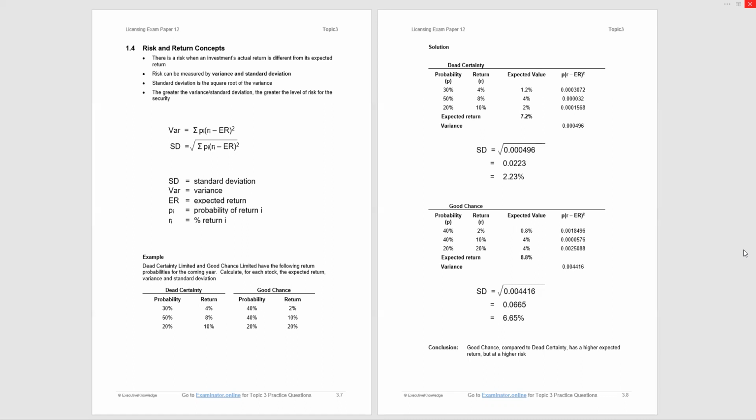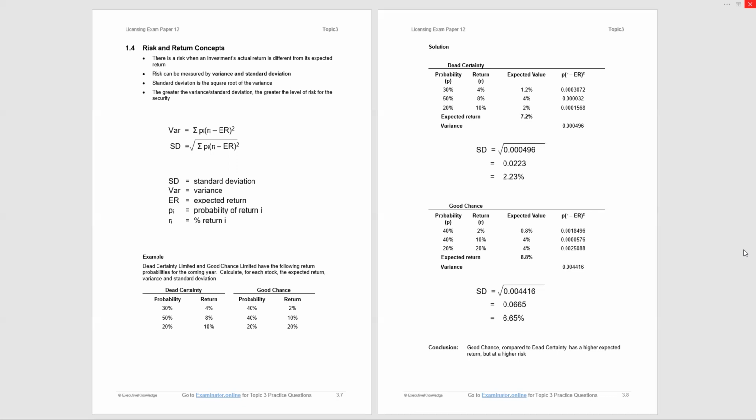Now, to get to the variance and therefore the standard deviation, for each, we take the difference between the forecast return, so the first line is 4%, so that's 0.04, and we would deduct from that the expected value, 7.2% in decimal.